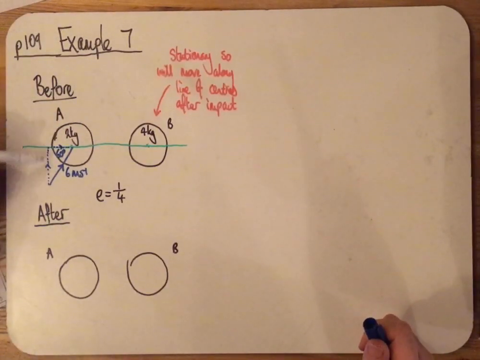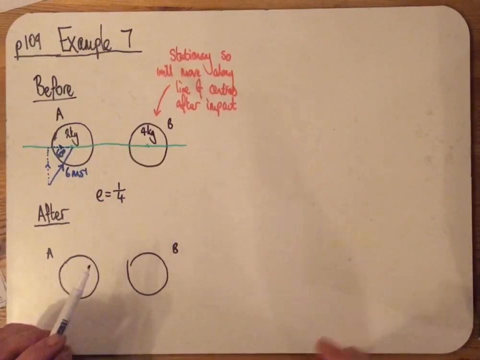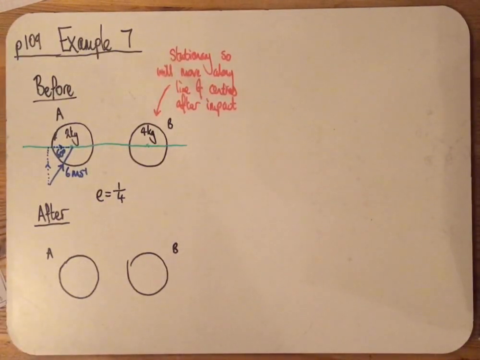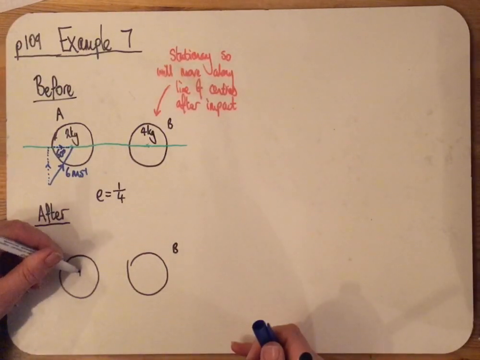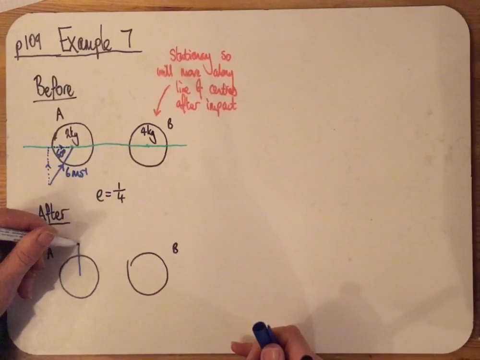So the perpendicular doesn't change. E is a quarter, and we want to find the velocity of A and B immediately after the impact. So you know that vertically A is going to be moving in this direction.